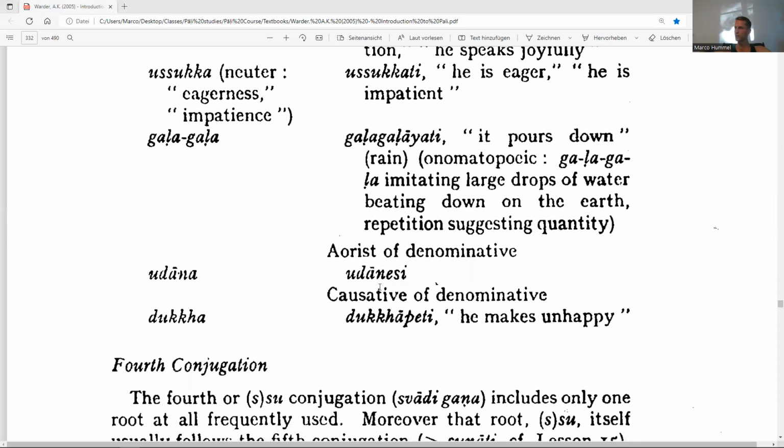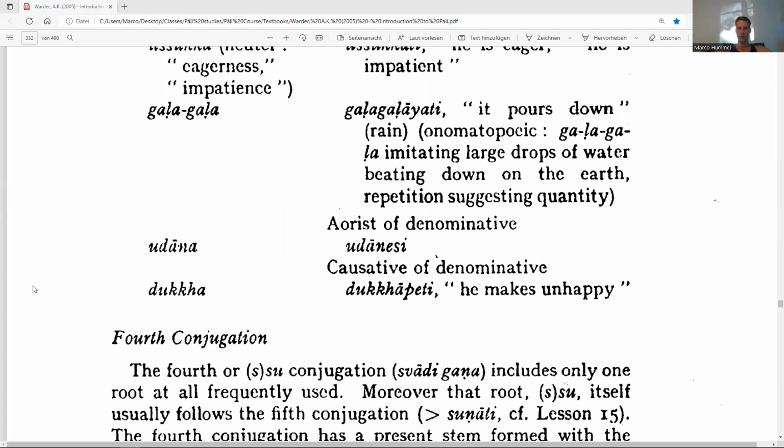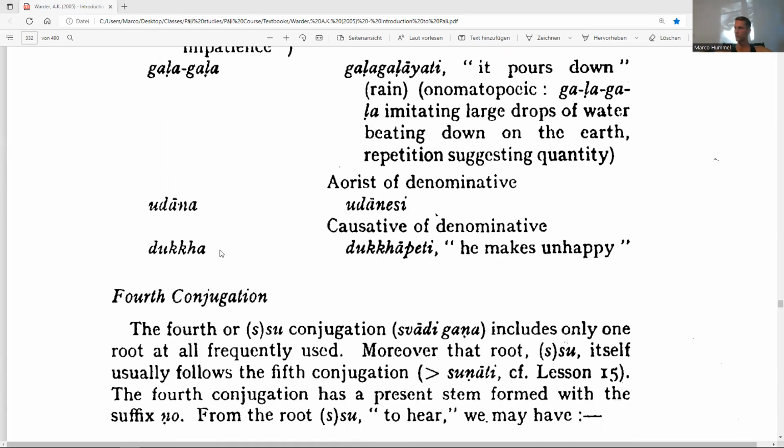Udanesi, the aorist of udana, he or she spoke with exaltation, or spoke joyfully. And we can have the causative even of a denominative. So from dukkha we have dukkhapeti, he or she makes unhappy.